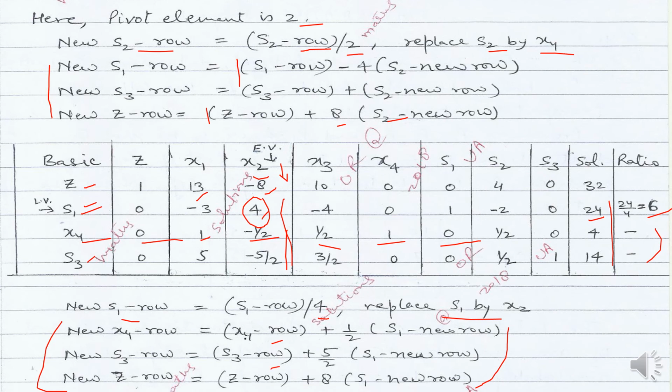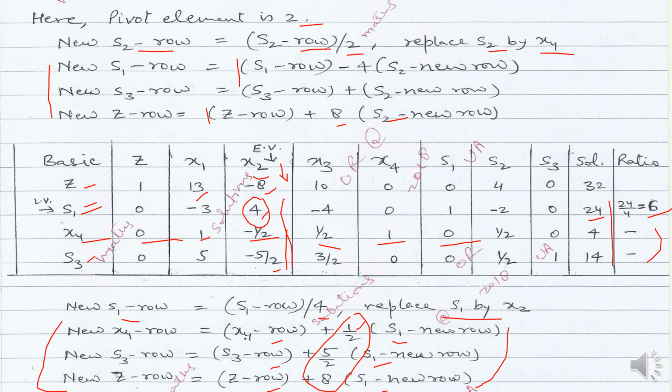So x4 row, s3 row, z row, these we have written with the help of the new s1 row, and these are the corresponding elements of the pivot column, which is here for x4 row this is -half. So minus half gives you +half.